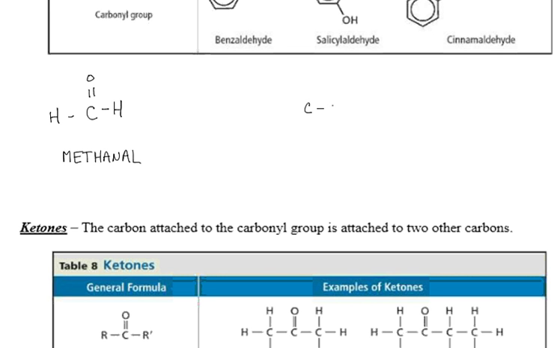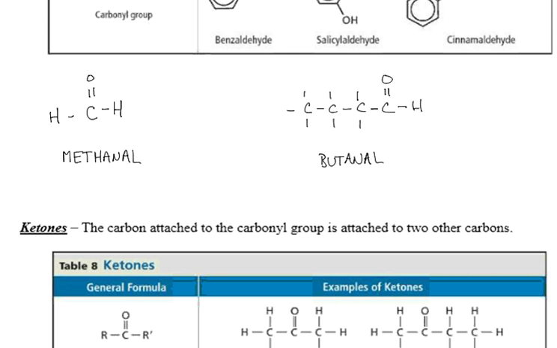So if I have 4 carbons with a double bonded O on the end, each carbon still needs 4 bonds. This would be called butanal. We never have to give it a number because it always has to be on the end carbon.